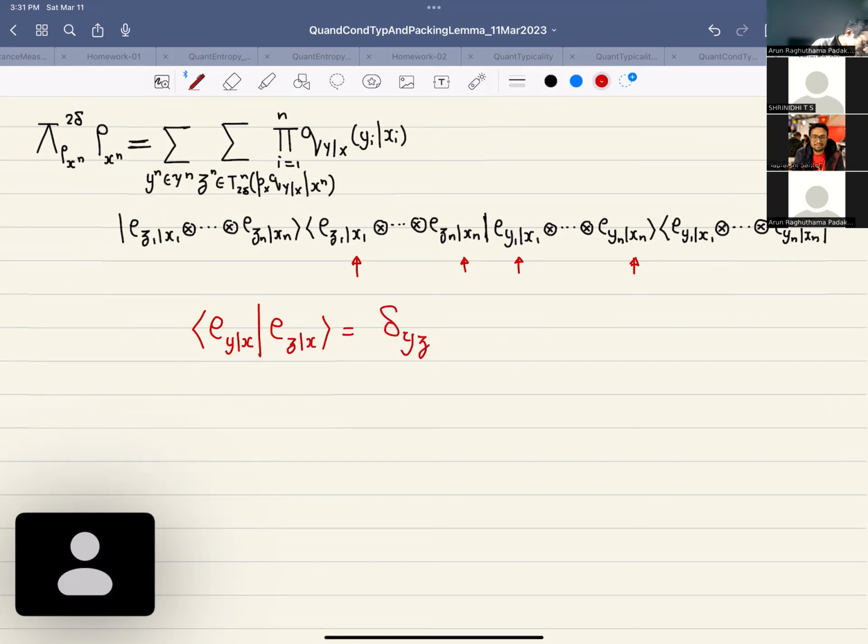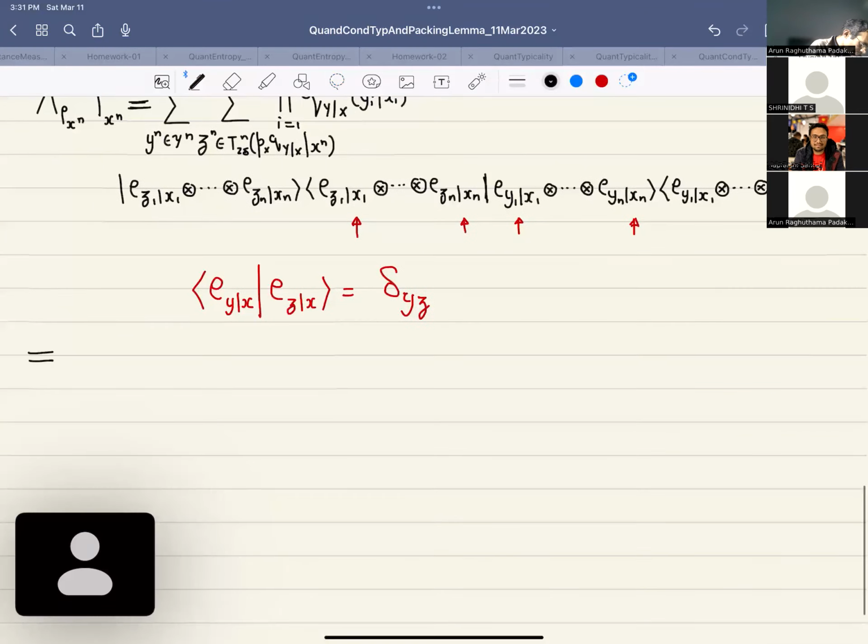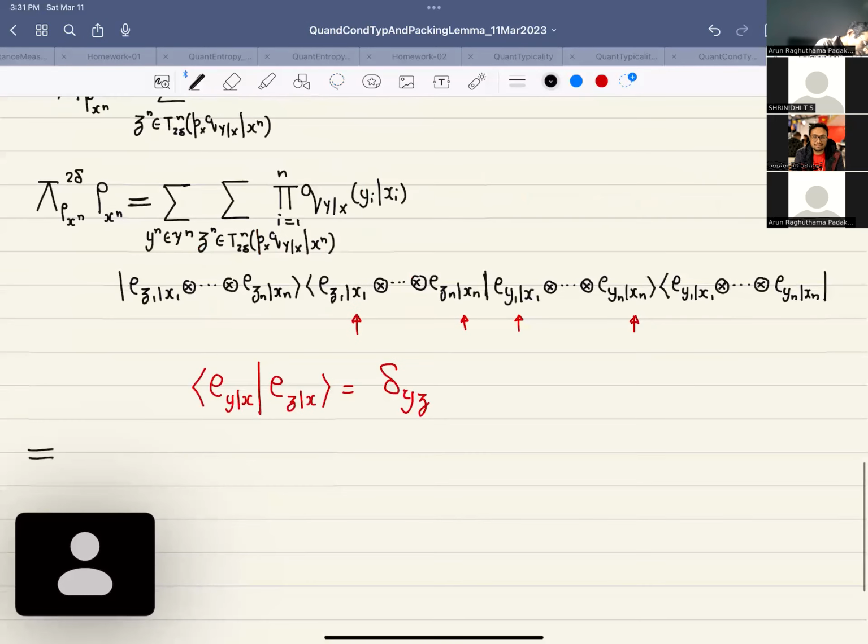Which means the second summation will be only running on those where Zn is equal to Yn. Because of the previous, the red thing, the Zn sum is a smaller sum. So only those terms will survive.